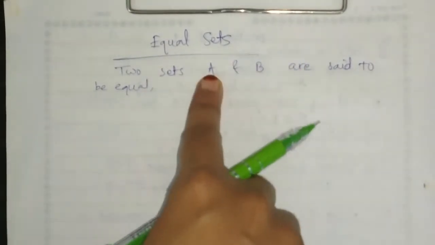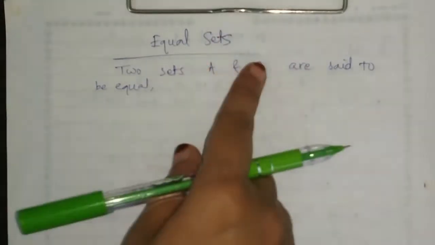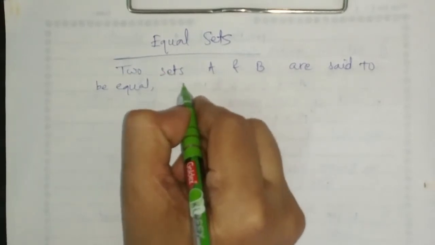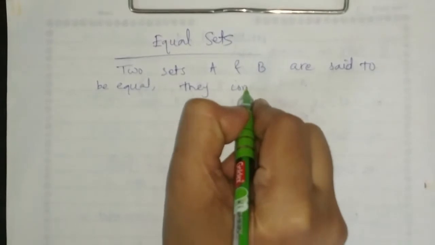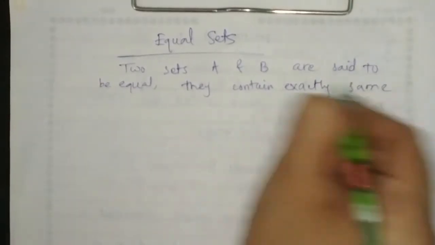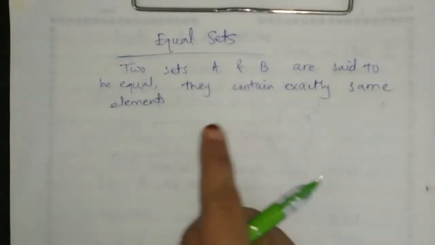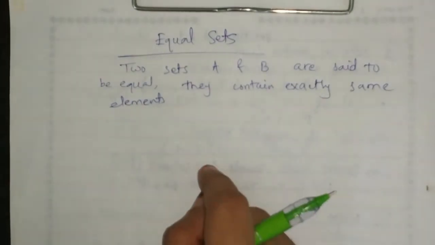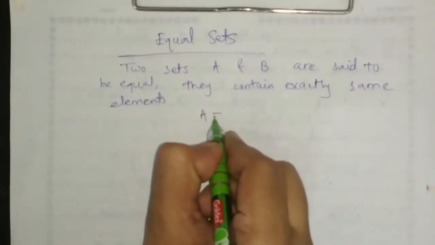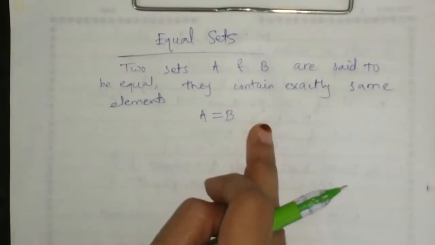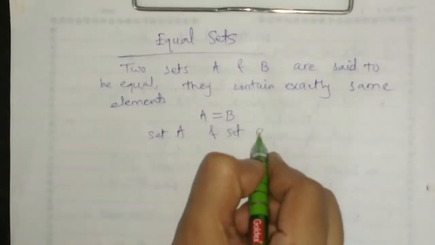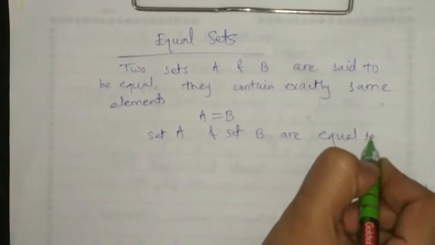If every element of set A is in set B and every element of set B is in A. So you can say that they are equal if they have exactly the same elements. Two sets are said to be equal when they contain exactly the same elements, and you can represent them symbolically as A = B.